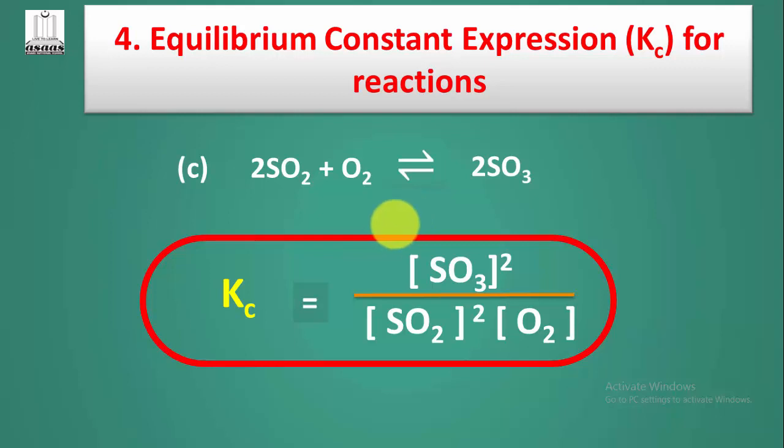So you can see that in numerator are the products and in denominator are the reactants. So product over reactant, we have to write that Kc is a ratio of molar concentration of products over molar concentration of reactants.